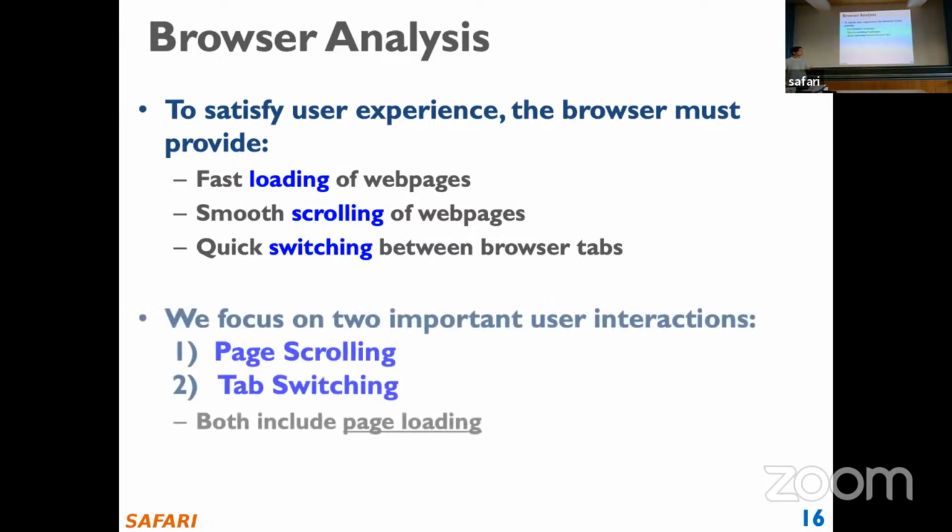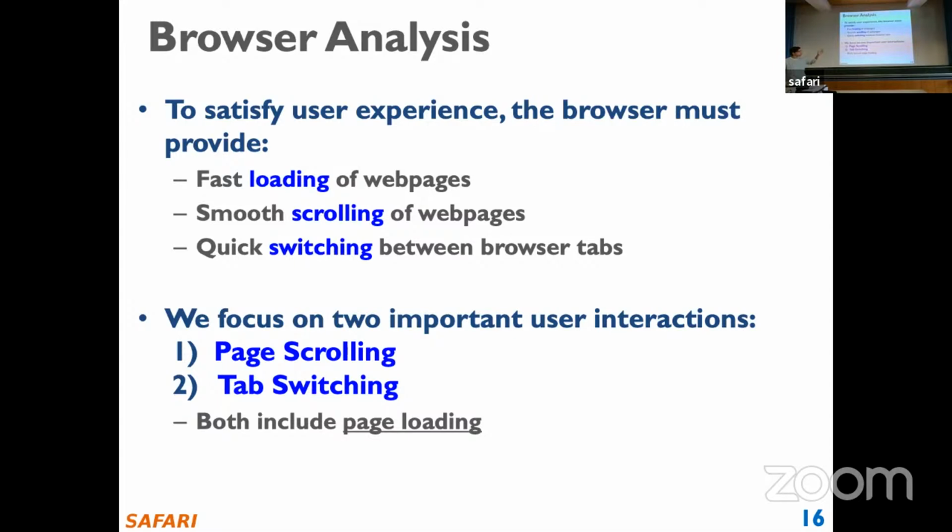The tabs themselves are independent processes. If you are not using a tab, it makes no sense to have that data, let's say, active. So what the browser typically does is compressing those pages. That's something we are going to see next.